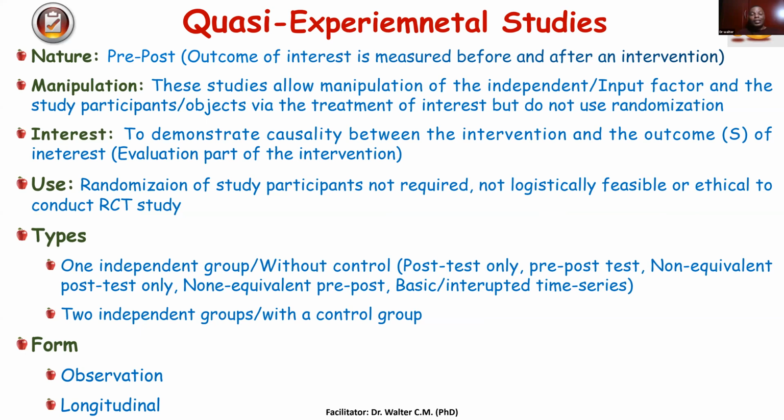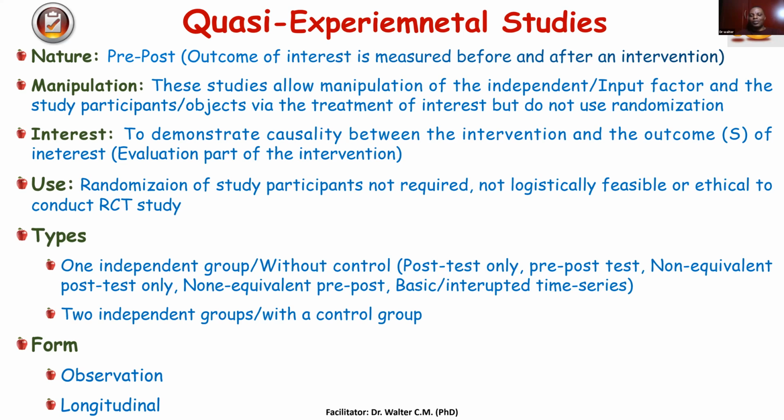So in quasi, as we said, if you start conceptualizing quasi-experimental studies and gaining more understanding of them, this is characterized by the pre-post. You need to have a pre-post.